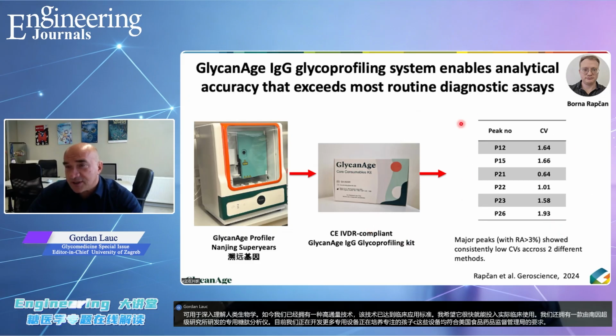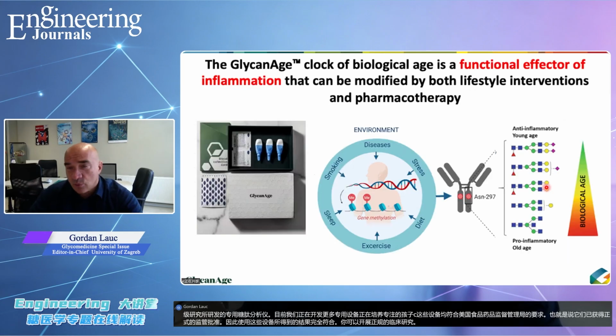And then this generates results with the CVs which are really acceptable, and you can do proper clinical work with them. Something we already have on the market is something called the glycan age test of biological age. This is a test where you have a home kit for sampling, get a dried blood stain, ship it to the lab, which quantifies IgG glycome, and then determine effects of different lifestyle factors on your future health.